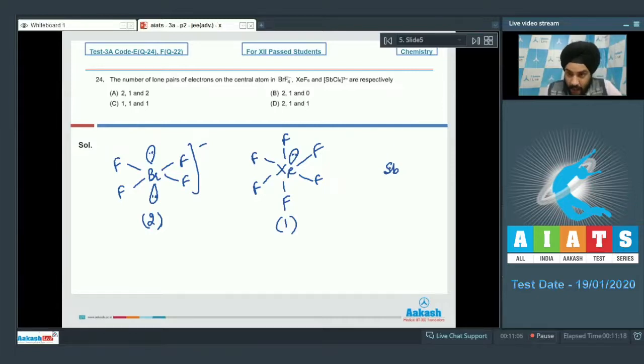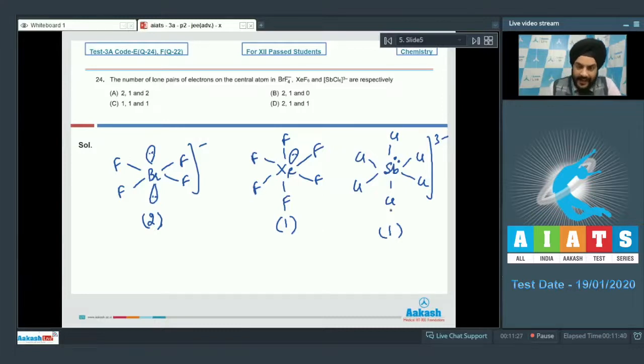So 6 will be bonded to the chlorine atoms, and there will be one lone pair of electrons over Sb as well. So this has one lone pair of electrons again. So if you look at the correct combinations of lone pairs on the central atom, we can clearly see that we're going to have to mark option D as the correct answer to question number 24. Let us look at the next question now.